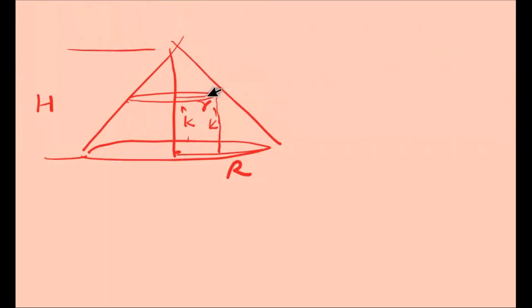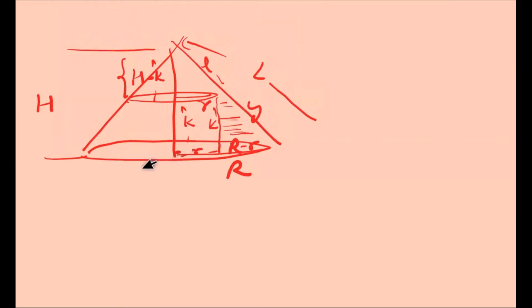Then if this is R and this is r, then this will be R minus r. And if this is k, then this height will be h minus k. Let this be y. Let this be capital L.